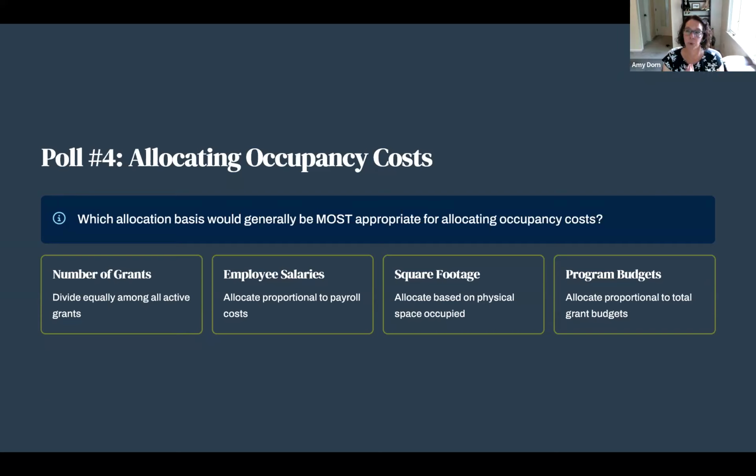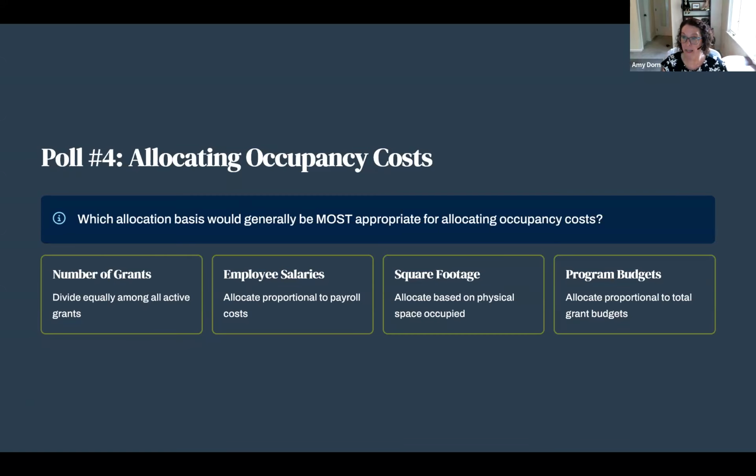But I see that more in the agencies that don't truly understand cost allocation. They think, this is their program, and their program budget for the year for rent is $5,000, so every single month they're just going to charge one-twelfth of that $5,000, and that's not an appropriate cost.